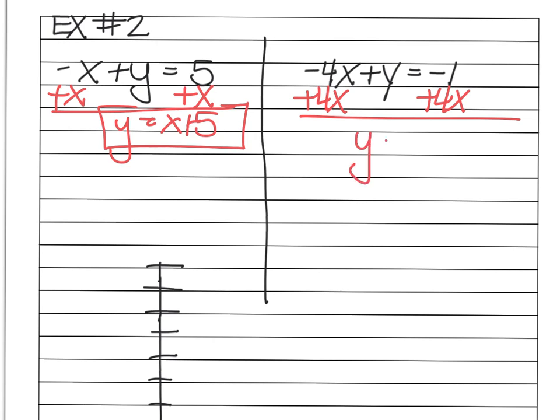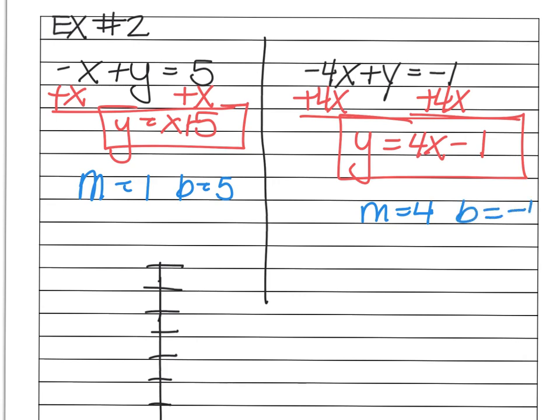We're going to have y equals 4x minus 1. Now we need to identify our slope. Our slope here is 1 and our b is 5. Here our slope is 4 and our b is -1.